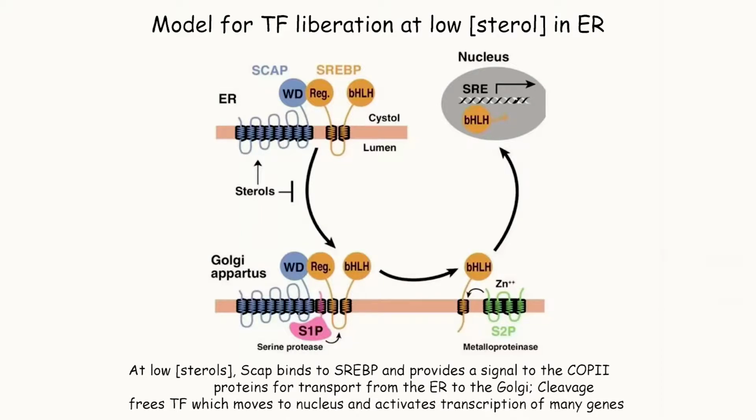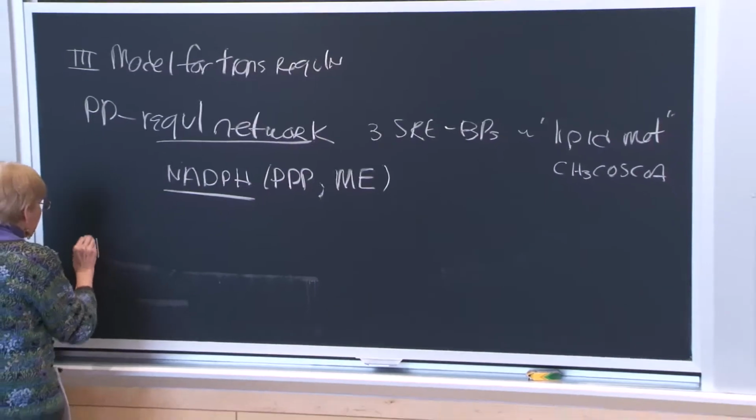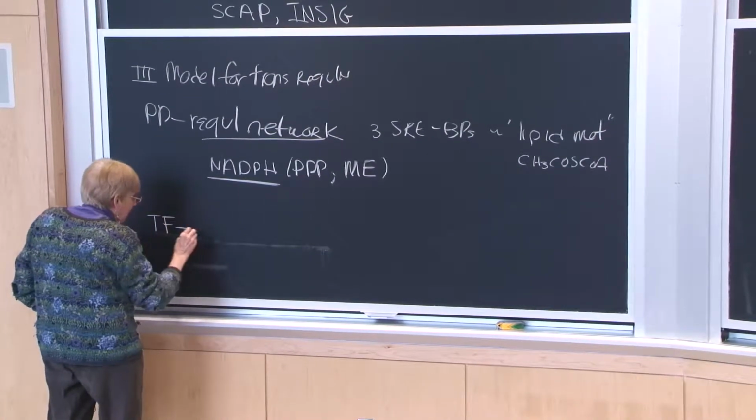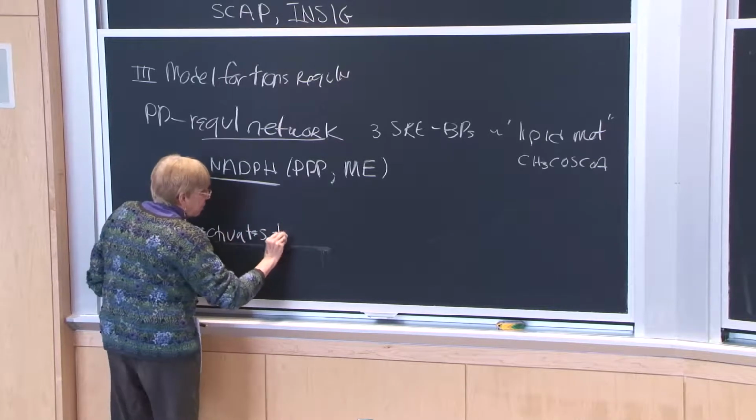Okay, so this is the model, and I'll write this down in a minute, but the model is at low sterol concentrations. Okay, so at low sterol concentrations, what do we want to do? This transcription factor, I should write this down somewhere, activates transcription.